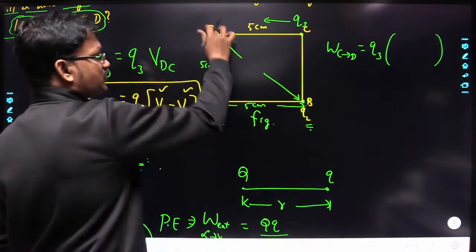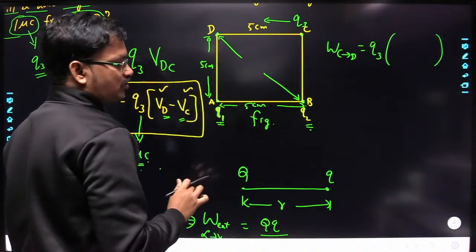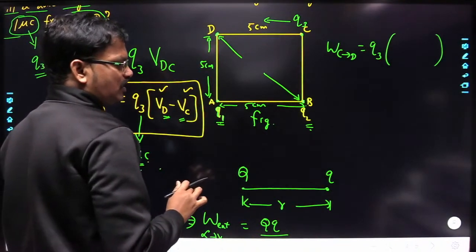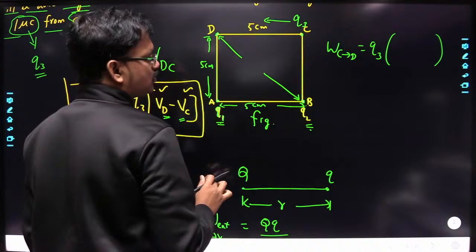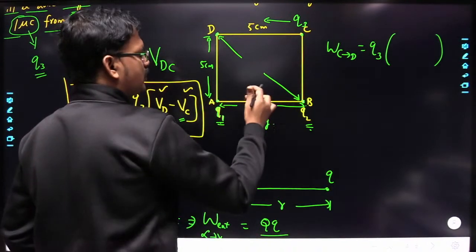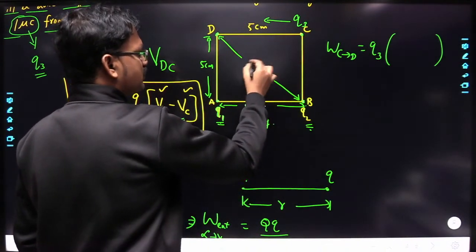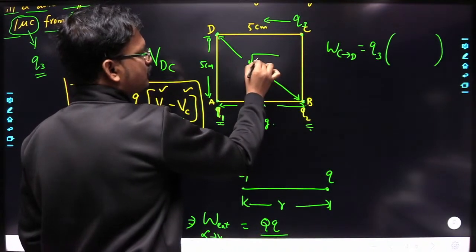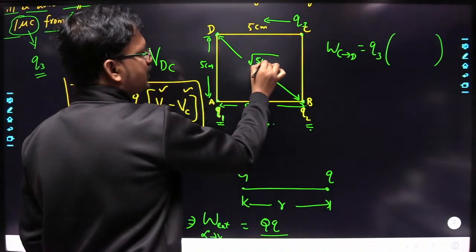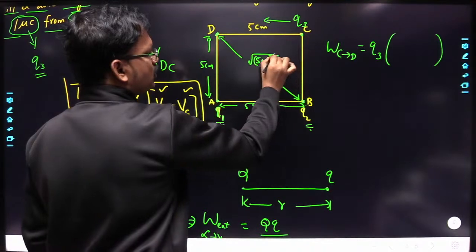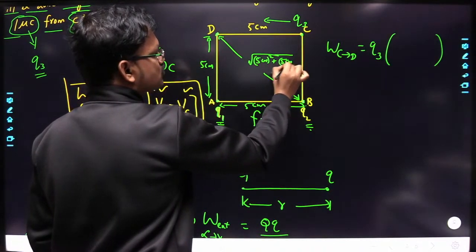So the distance from here to here is the square root of 5 squared plus 5 squared. Okay, you do this one. So the square root of 5 centimeter square plus 5 centimeter square.